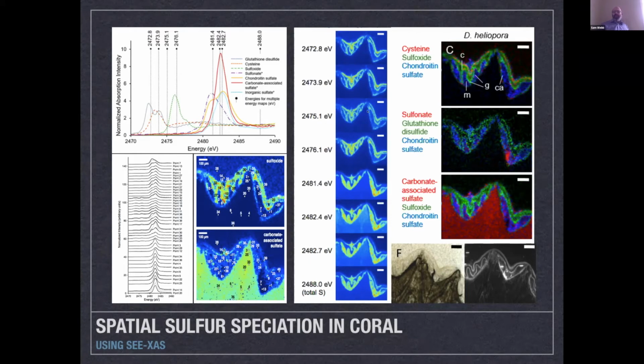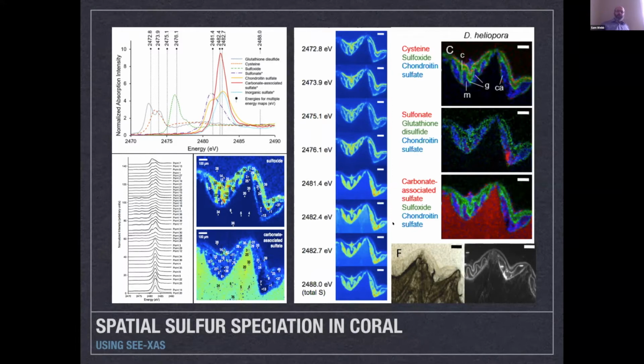We can take these energy maps and do a linear combination fit and get the species maps and see how different forms of sulfur are distributed in a spatial sense and how that correlates with optical images and optical fluorescence images to see how different structures correspond to different organic compounds.